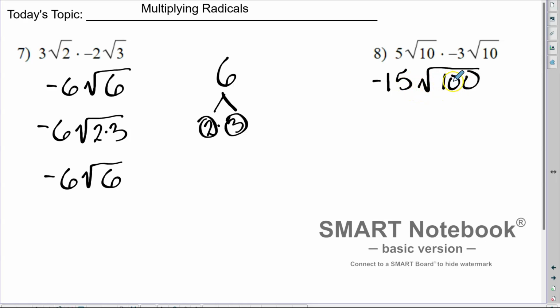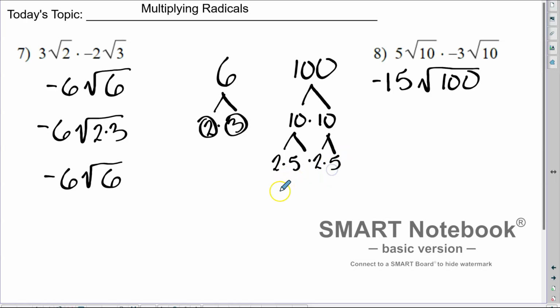So like before, we would look a little closer at the value in the radical, which is 100. And just like before, you break it down to its prime factors. We've done this before, that's why I'm using it, so it's not something new.